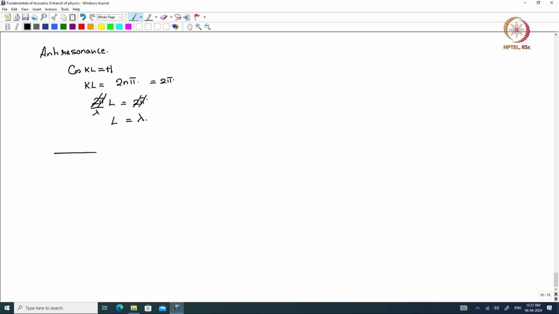So, now I have a string, this is my lambda, this is my lambda, this is my lambda, okay, and that is also equal to the length of my string. So, the node point of the wave, or the 0 point of the wave, has aligned itself with the forcing location.